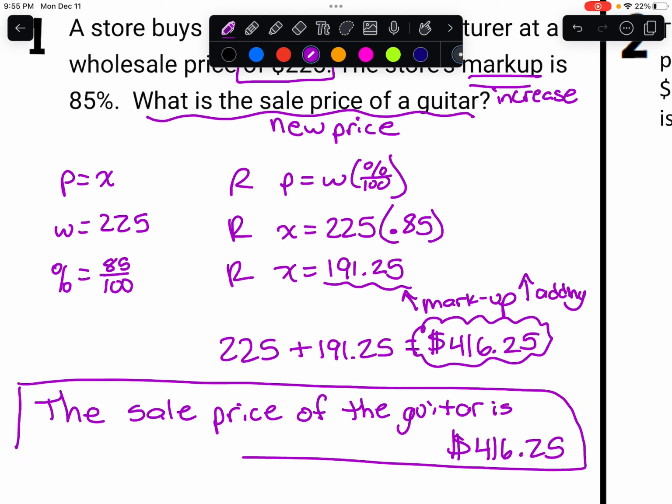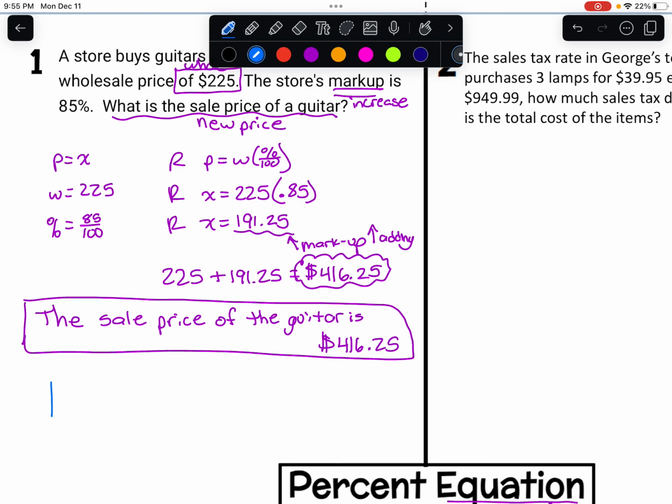Now, can I show you a working smarter, not harder way? If we have the whole, that would be 100%. And we already know that the whole is 225. But then we said we're marking up, aka we're adding on 85% more.